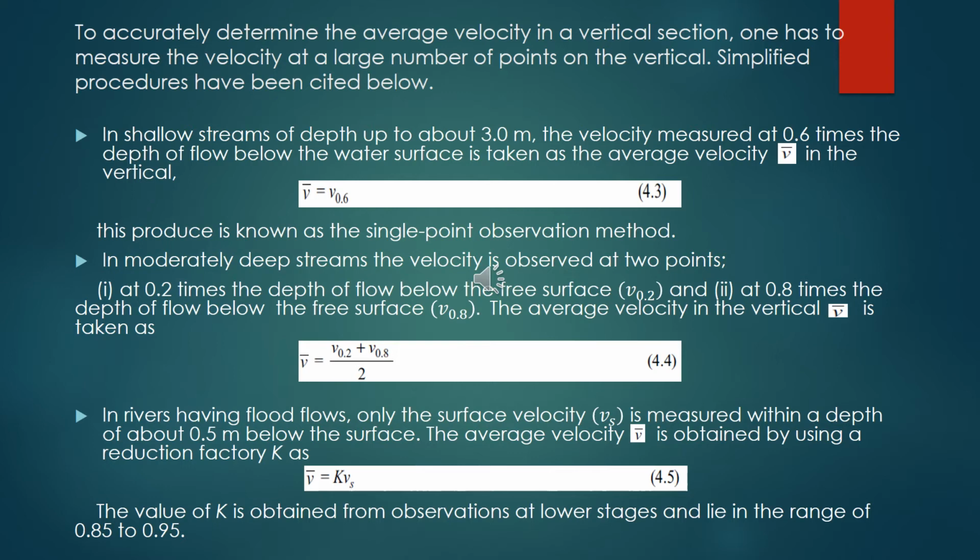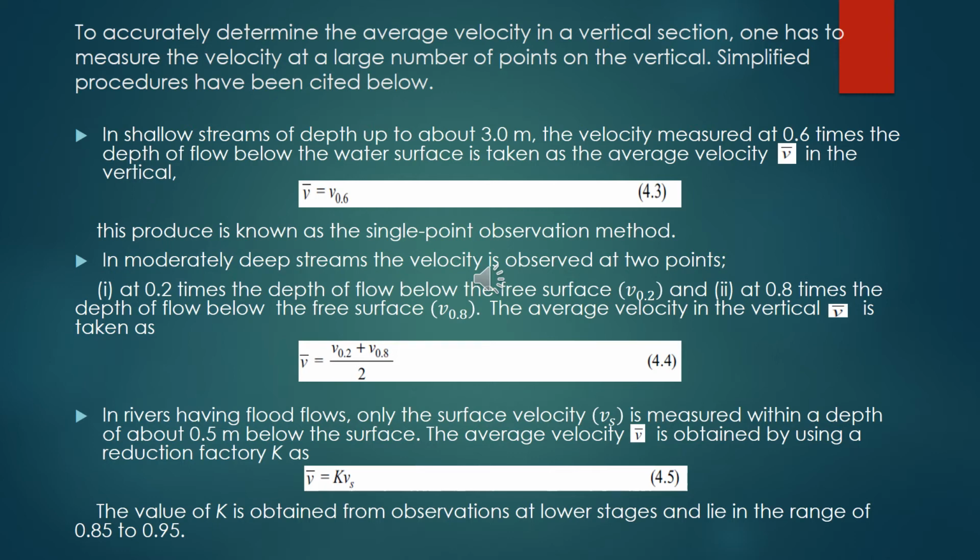The average velocity in the vertical is taken as v average equals (v sub 0.2 plus v sub 0.8) over 2. In rivers having flood flows, only the surface velocity is measured within a depth of about 0.5 meters below the surface.